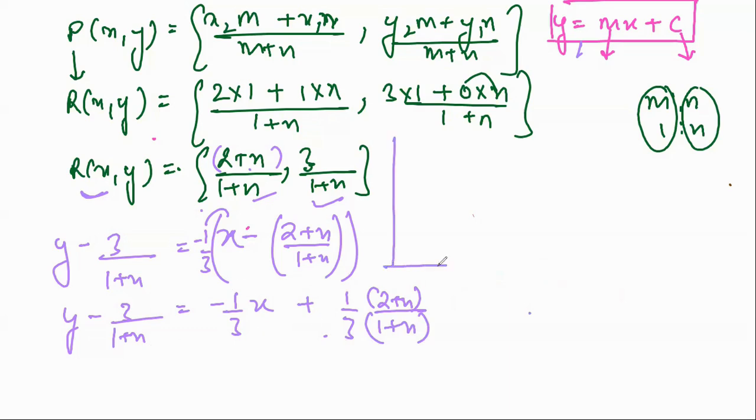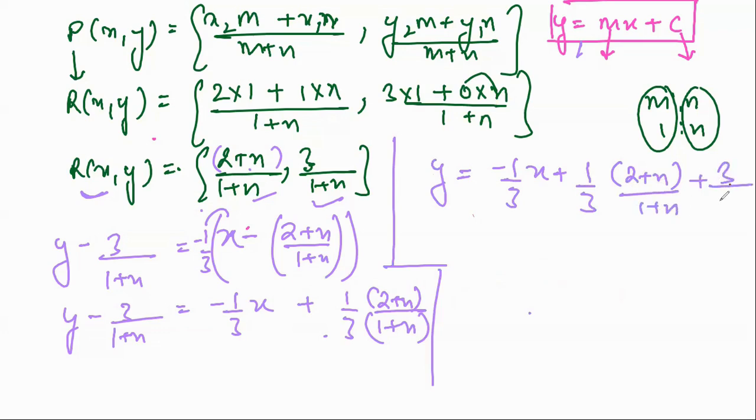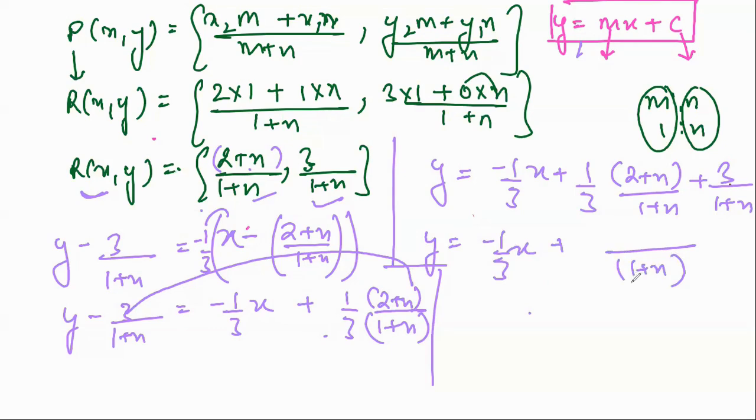So y is equal to minus 1 by 3 x plus 1 by 3 times (2 plus n) over (1 plus n), plus 3 over (1 plus n). I have taken the 3 over (1 plus n) part to the right hand side. Now let me solve it. I can take the LCM, 1 plus n and 3, so it becomes (2 plus n plus 9).